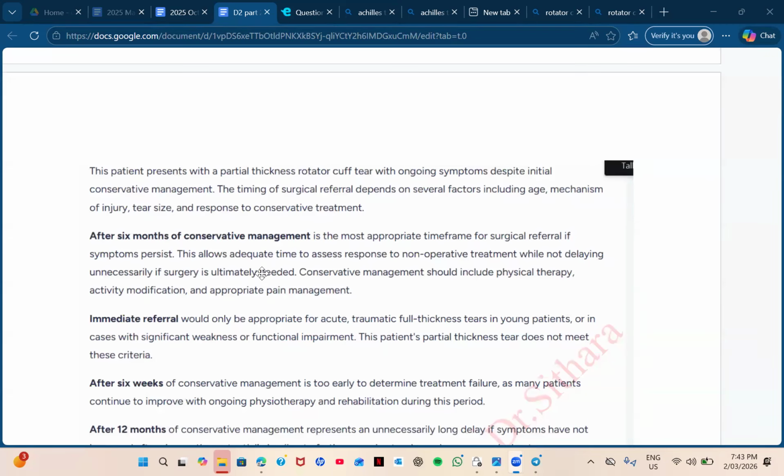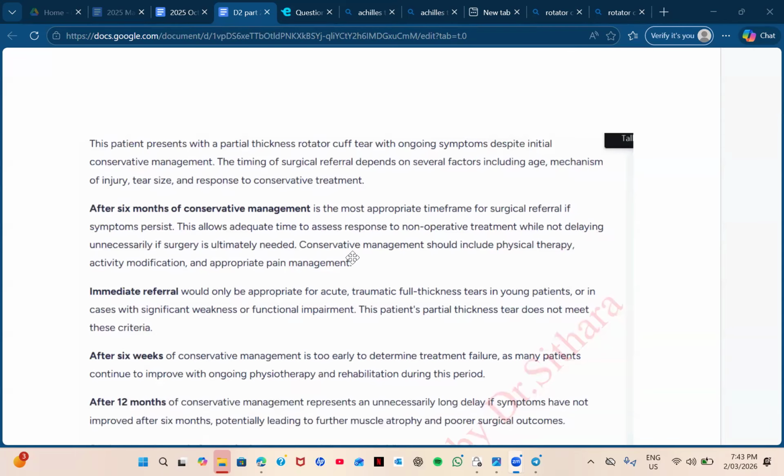After 6 months of conservative treatment is the most appropriate time frame for surgical referral if the symptoms persist. This allows adequate time to assess the response to non-operative treatment while not delaying unnecessarily if surgery is ultimately needed.